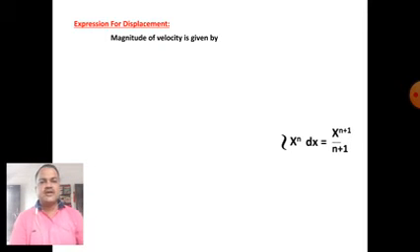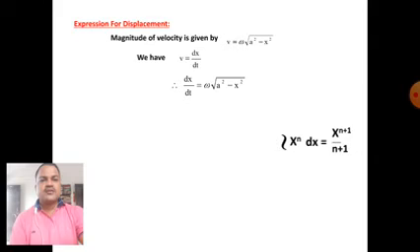The magnitude value of velocity is given by v is equal to omega square root of a square minus x square. We have velocity is nothing but dx upon dt, which is the rate of change of displacement. Put this value of dx upon dt in the formula. dx upon dt is equal to omega square root of a square minus x square.